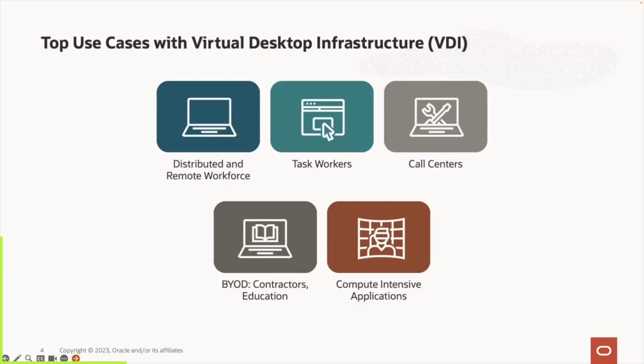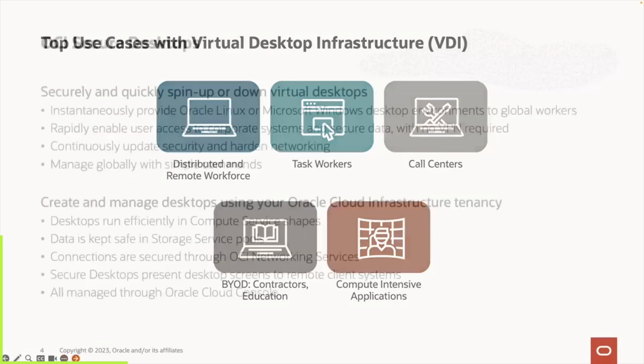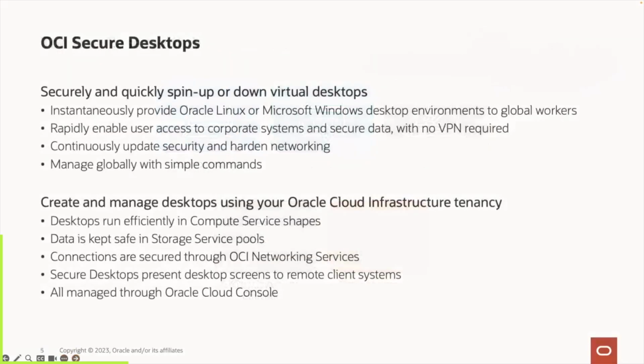is where our service comes in, because our service, Oracle Secure Desktops, is an implementation of virtual desktop infrastructure inside Oracle Cloud Infrastructure. You can instantaneously provide Linux or Windows desktop environments to workers anywhere in the globe. You can rapidly enable access for temporary workers, for instance, to corporate systems and secure data.